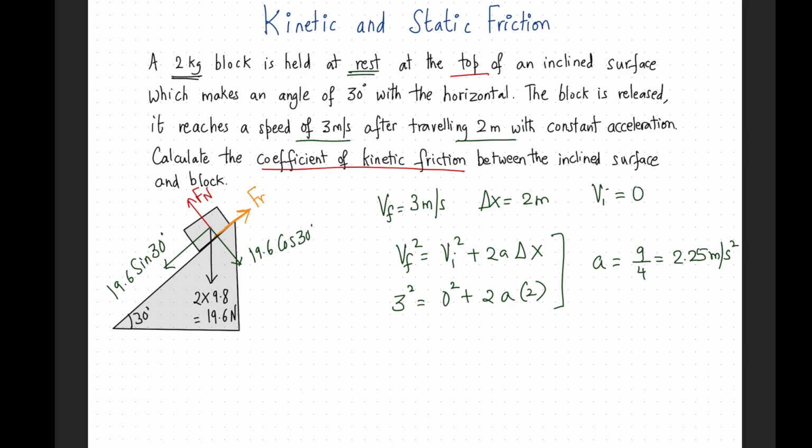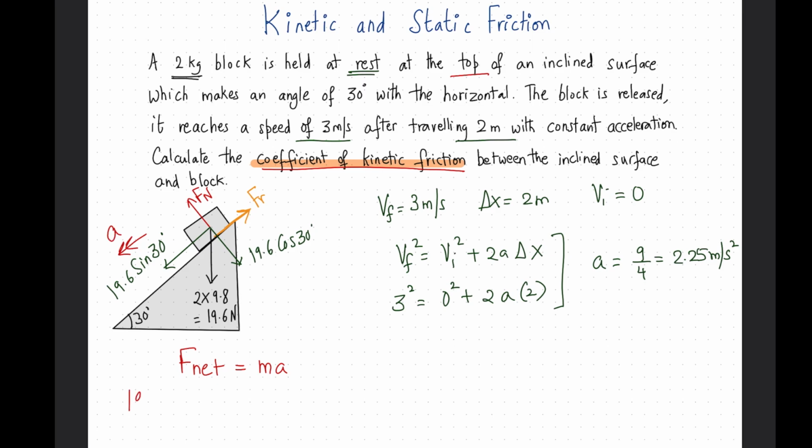Now the question is asking us to find coefficient of kinetic friction. So we want to get the equation for force. So we will use Newton's second law, which says that net force F net is equal to ma. And if we apply it along the plane, we can see that there are two forces acting. One is a component of the gravity and one is a friction. And the object itself is accelerating downwards, and that acceleration we have already found.